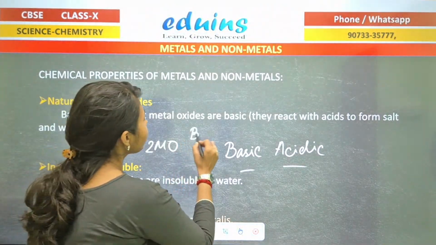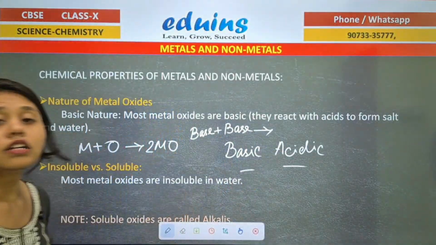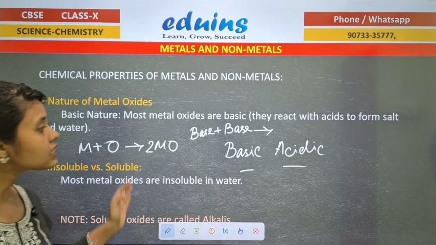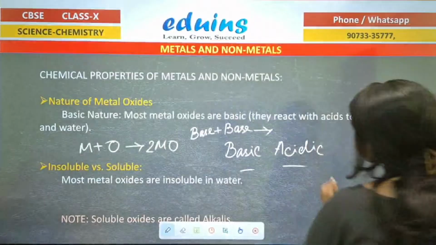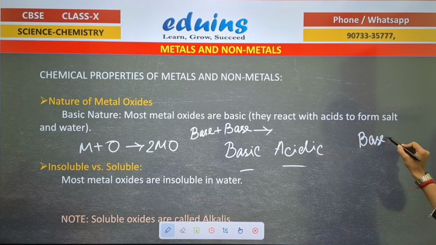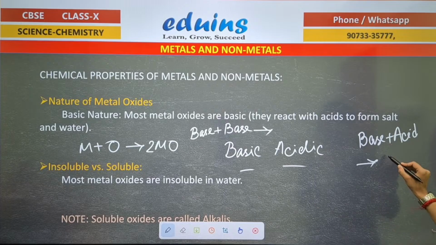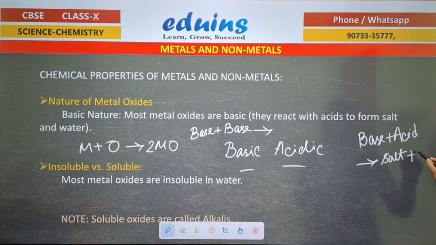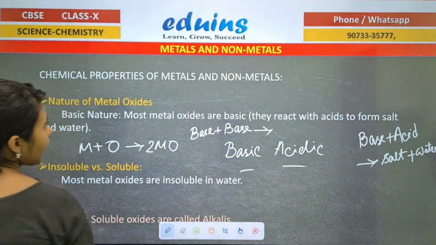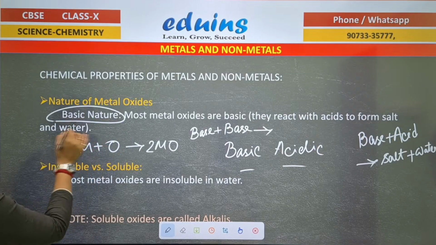When it reacts with a base, it doesn't produce salt and water. So base plus acid react with each other and produce salt and water. So when the metal oxides react with acids to form salt and water, this is the basic nature of the metal oxides.